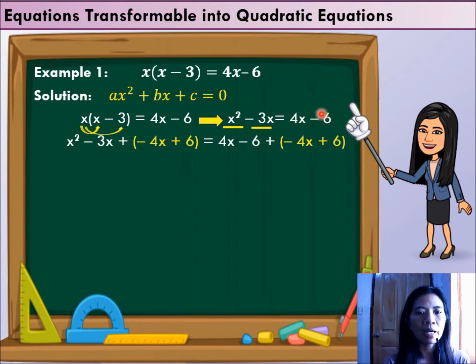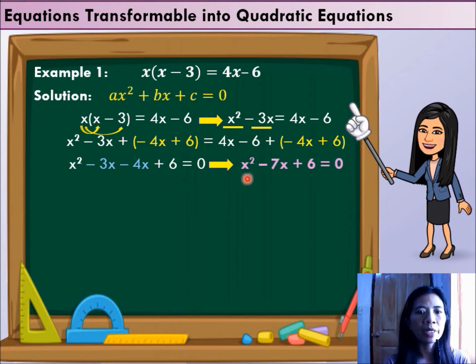The additive inverse is negative 4x plus 6, and we are going to add this to both sides of the equation. So 4x plus negative 4x is 0, and negative 6 plus 6 is equal to 0. So this is equal to 0.